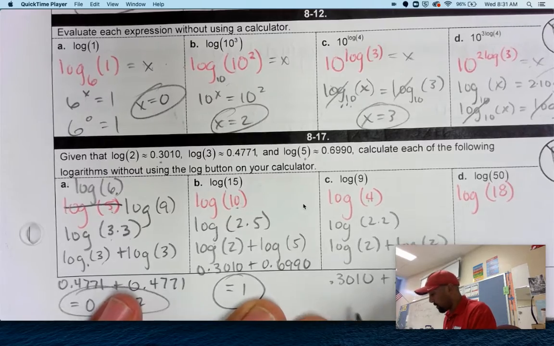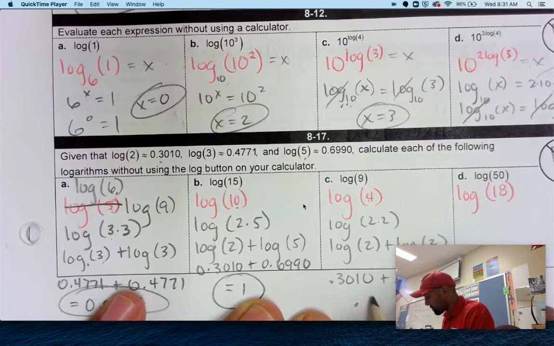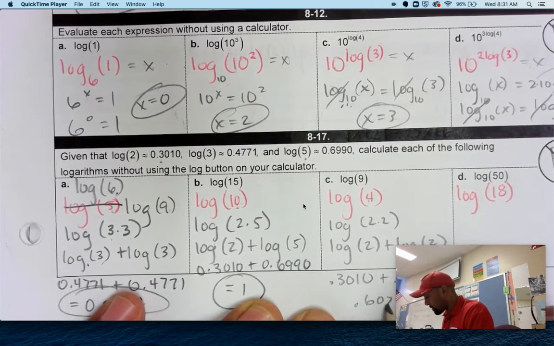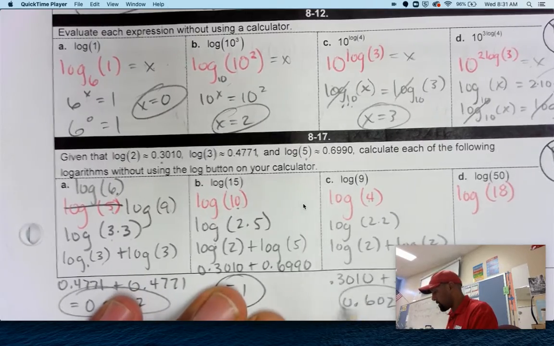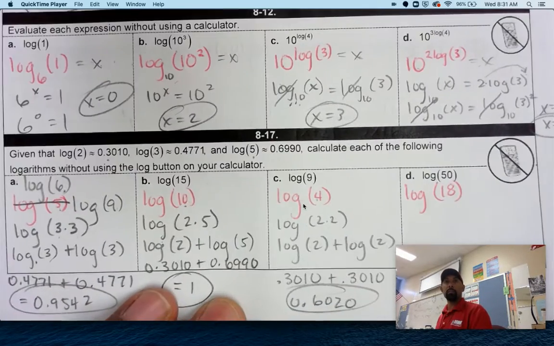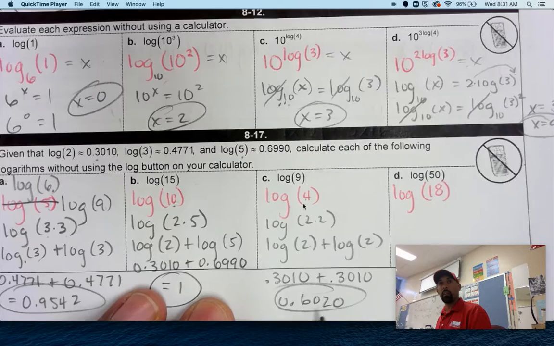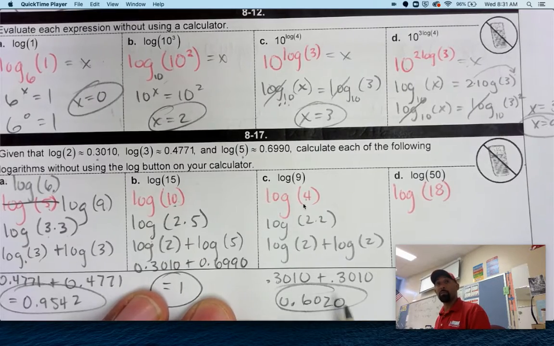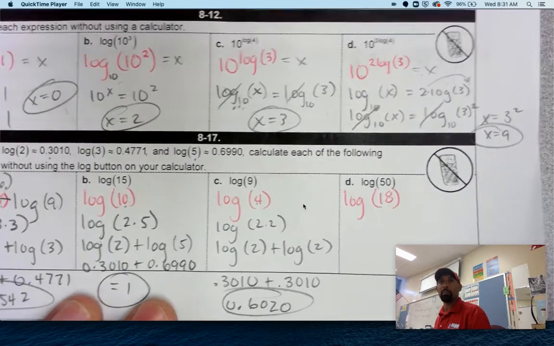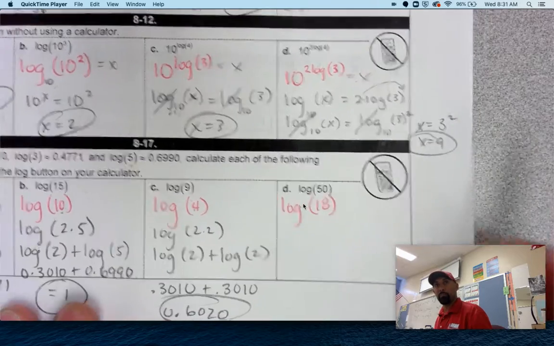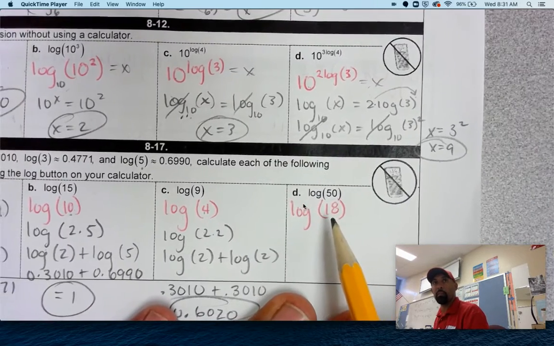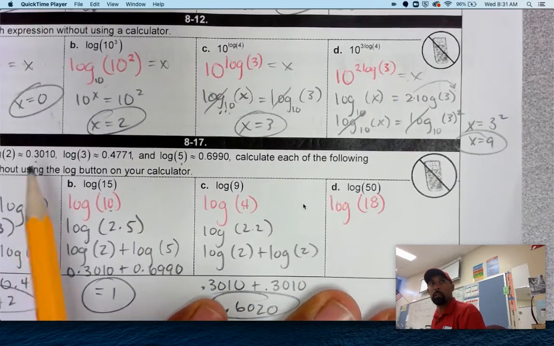So we just add these together, and I can do that one. So that's 3 plus 3, and then that would be 0.6020.